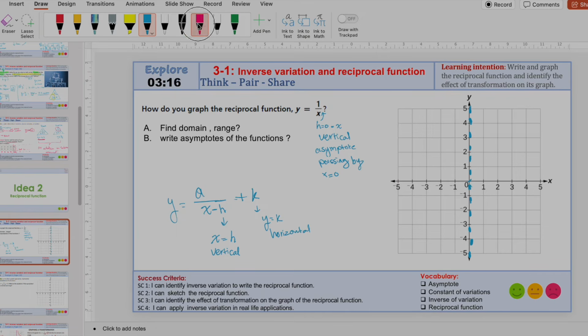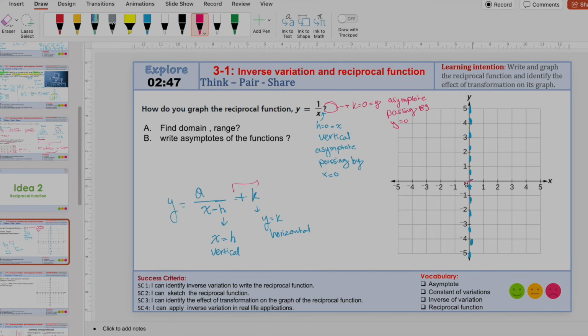Same thing here. I'm going to look for the k. Do I have any number added or subtracted at the end? Nope. So the k is 0, which is the y value, which means that I have an asymptote passing by y equals 0. So I'm going to go to my y-axis.